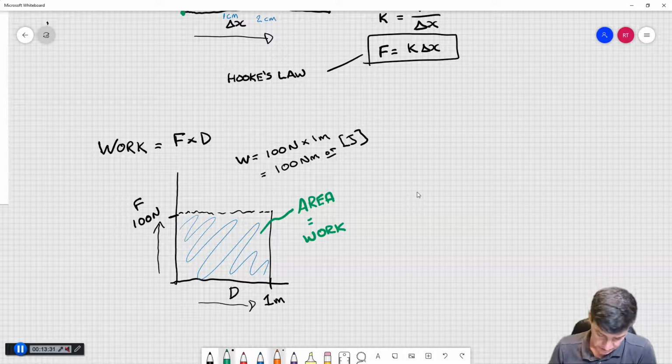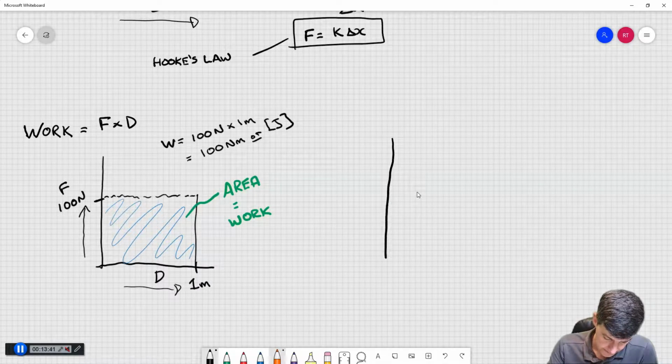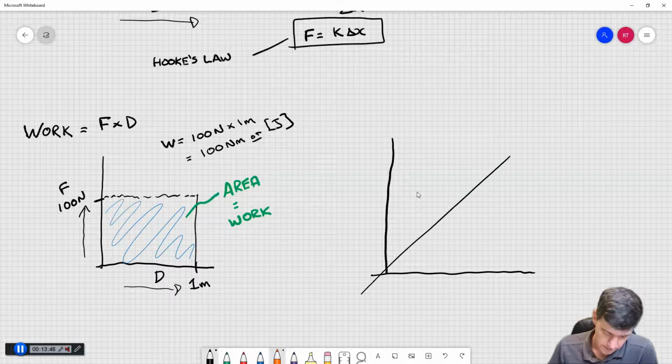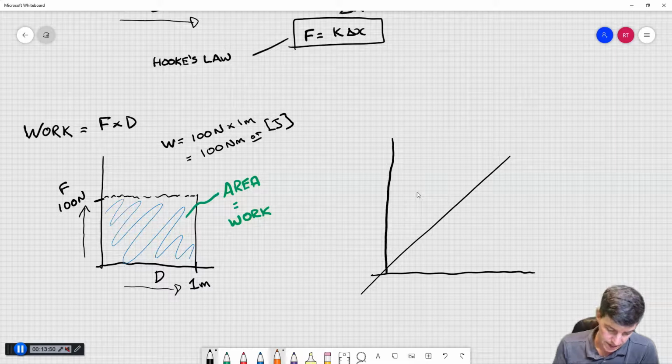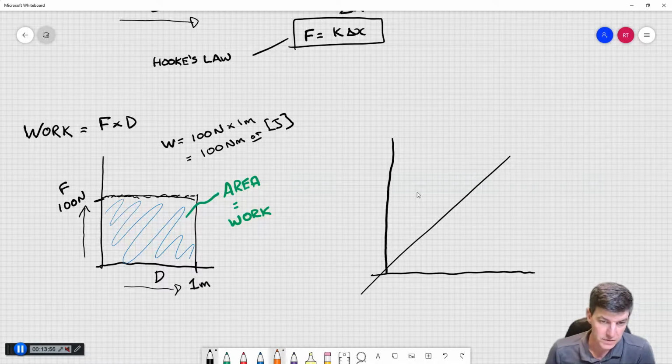Okay, so let's see if we can figure out, with a spring that looks just a little bit different, how we would quantify work. My spring does not have a horizontal line, so the force does not stay constant throughout the entire stretch of that spring.